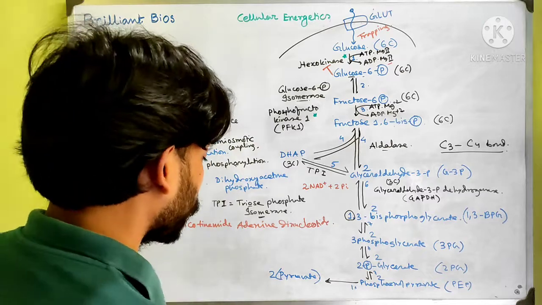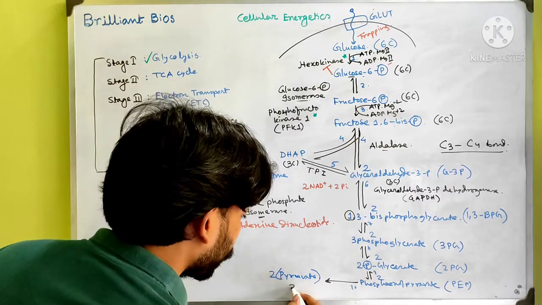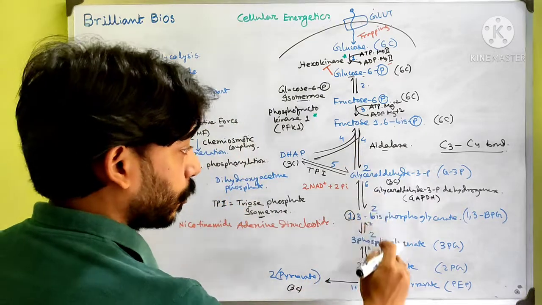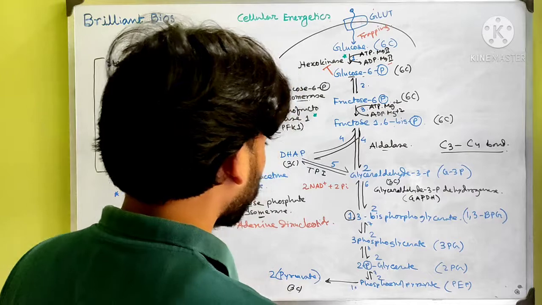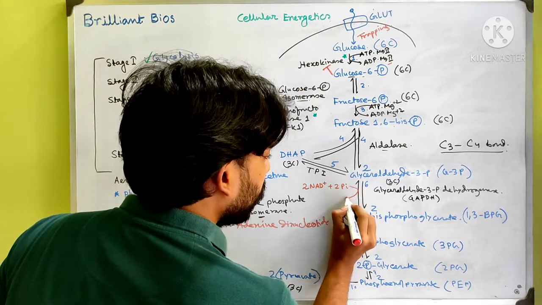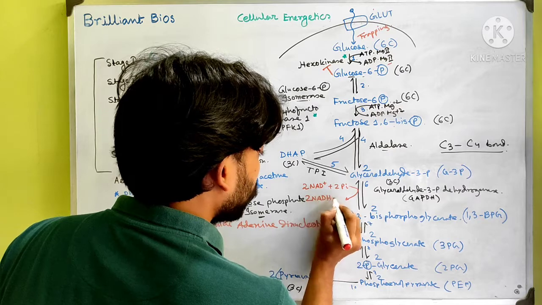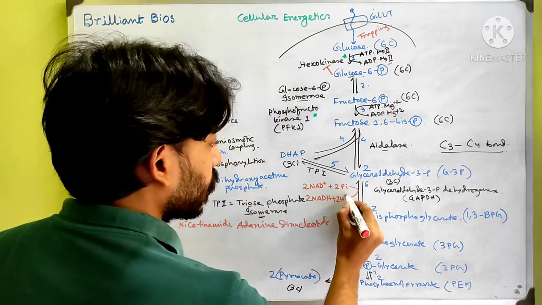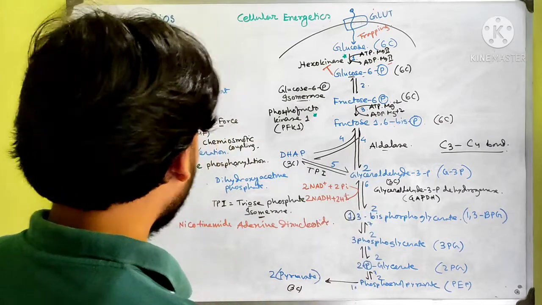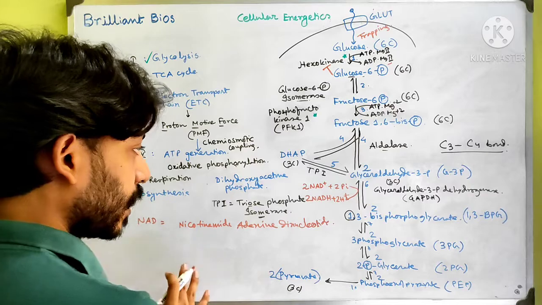So the ultimate product is 2 pyruvate, that is a 3 carbon molecule. All the molecules are 3 carbon from this stage. Okay, now the product is 2NADH plus 2H plus. Okay, I will tell you the overall reaction of this glycolysis in the last.